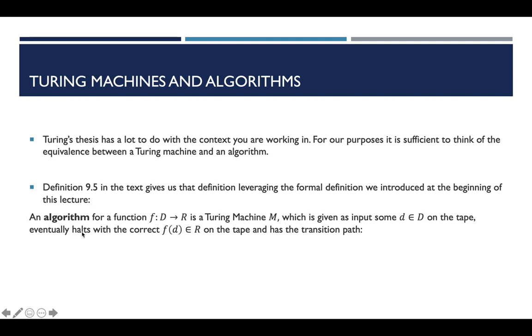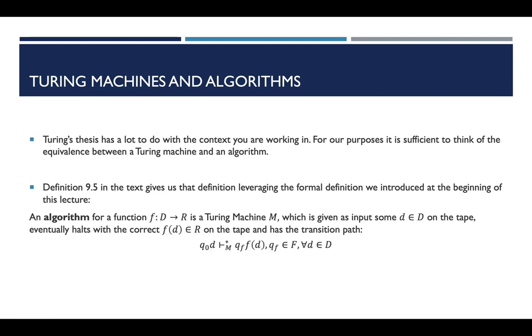Remember the difference between an acceptor and a determiner, or a machine that actually determines a language. It has to stop, so it has to either definitively reject or accept with the correct element of the range that is mapped to that element of the domain on the tape after the machine has done its job.